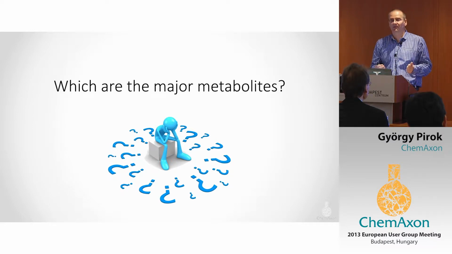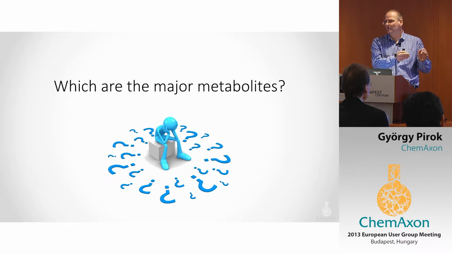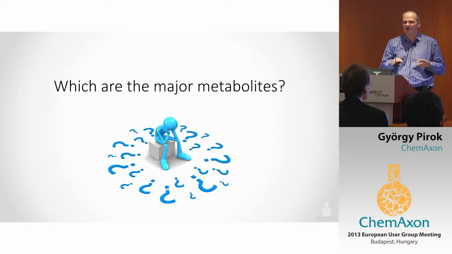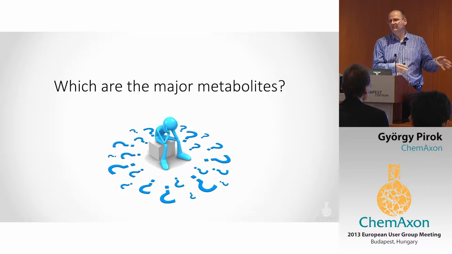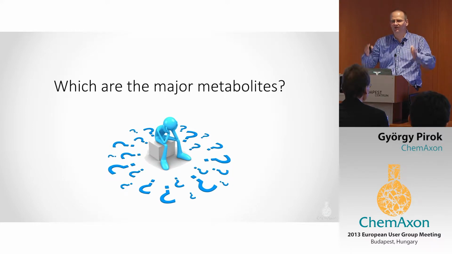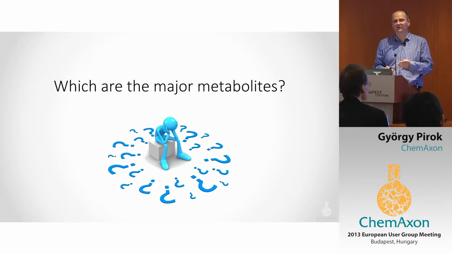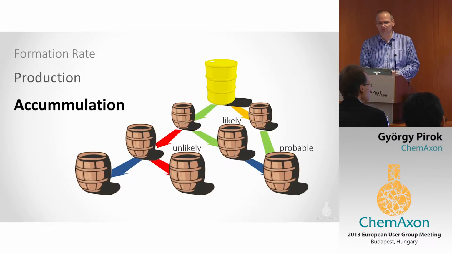But what about the one which is almost in as high concentration as the top one, or above 10%? So there is no strict threshold for calling something major. Actually, during the prediction, we just didn't use this majority. We just have an order of the likelihood for the metabolites. But I will use the word major in this context throughout the presentation.